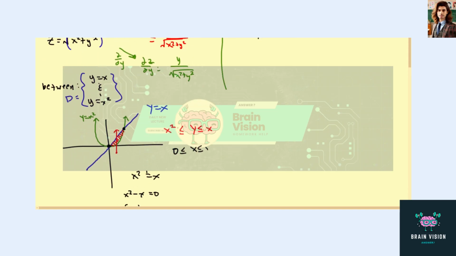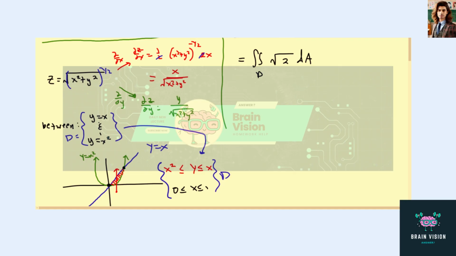So this is our region D. x will be on the outside since it's just constants, and y will be on the inside since we have those variables. And then we have root 2 dy dx.